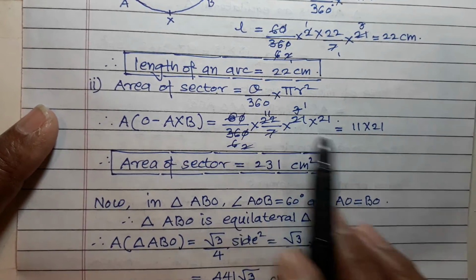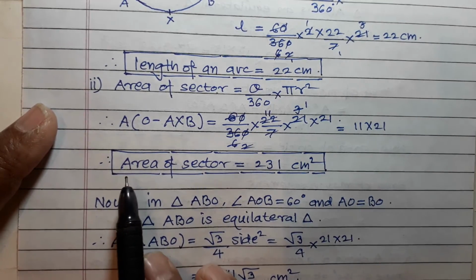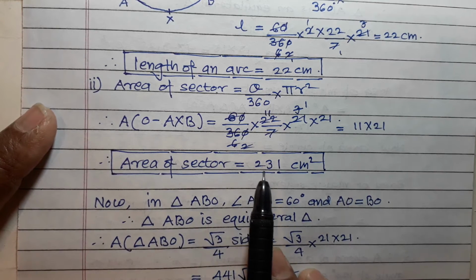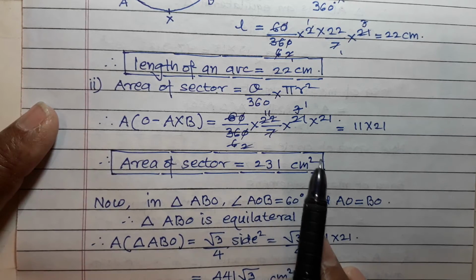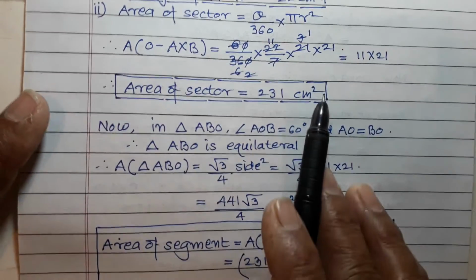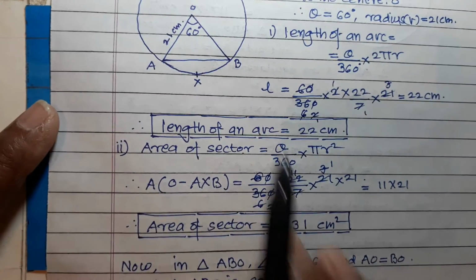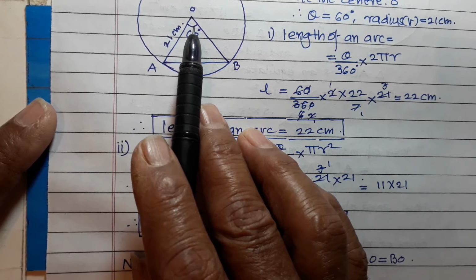If you simplify this, you will get 11 into 21, and therefore area of sector is equal to 231 centimeters square.